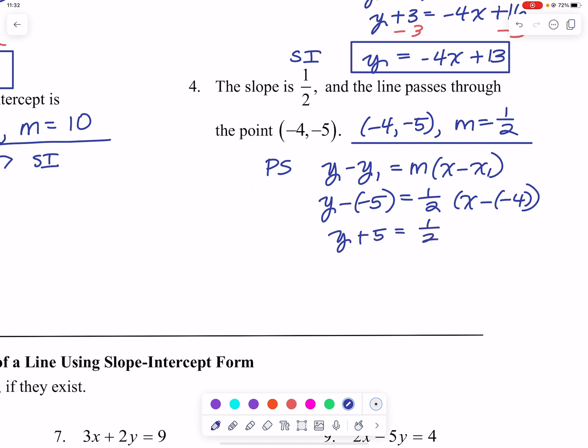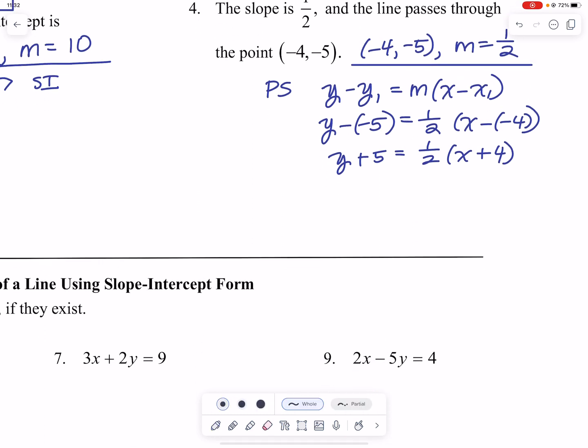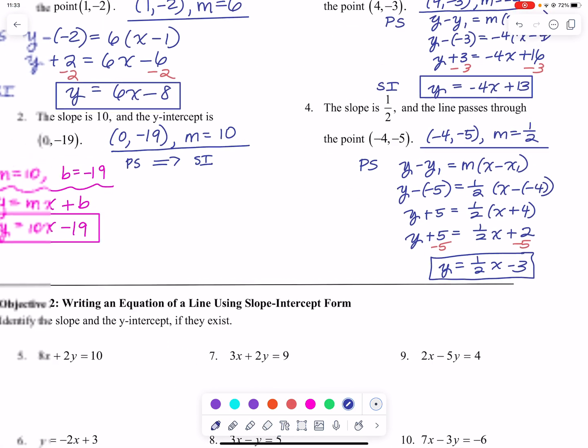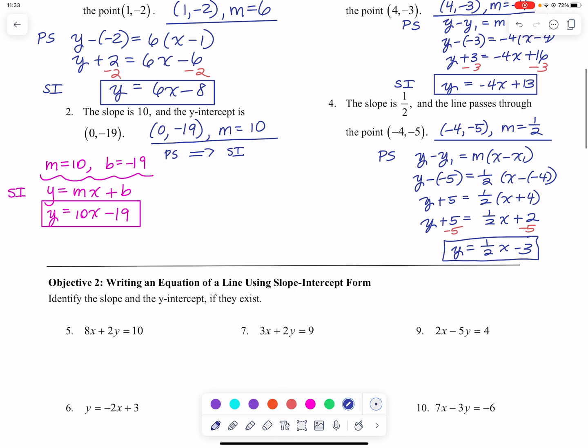Let's clear those up. Minus a minus, of course, is a plus. And half of 4 is 2. Now we'll subtract 5 from both sides, and we have y equals 1/2 x minus 3.